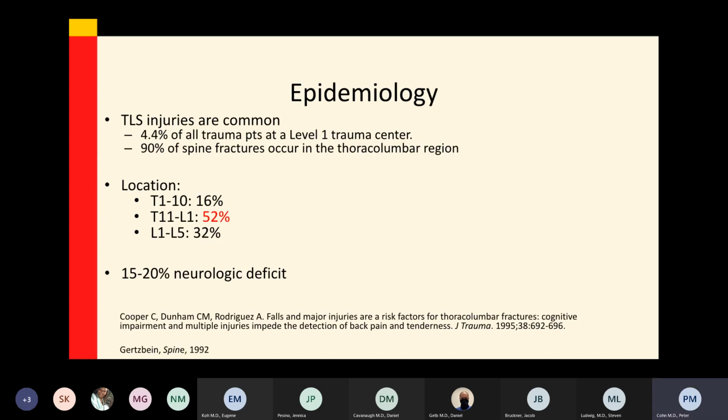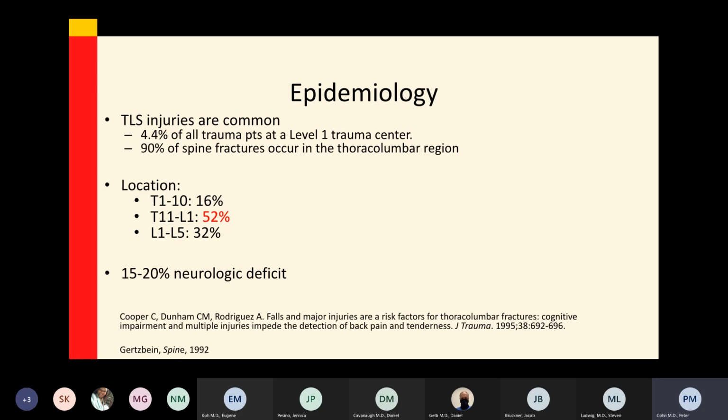But basically, thoracolumbar spine injuries are common. About 4%, sometimes up to 6% of all trauma patients coming through the level 1 trauma center have thoracolumbar spine injuries, and about 90% of all spine fractures occur in the thoracolumbar region.